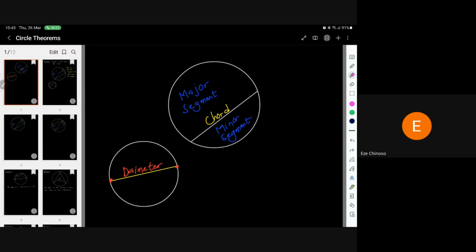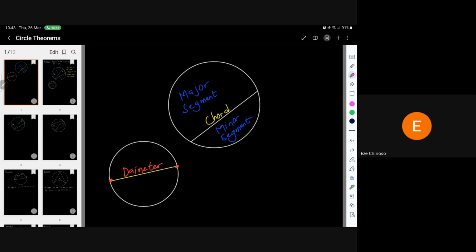So let's run through whatever we said once again regarding your circle theorem. The first thing I said is that you have a circle. For a circle, any line that runs from one point of the circumference to another point of the circumference is what we call the chord, right? And that chord will divide the circle into a major segment and a minor segment.